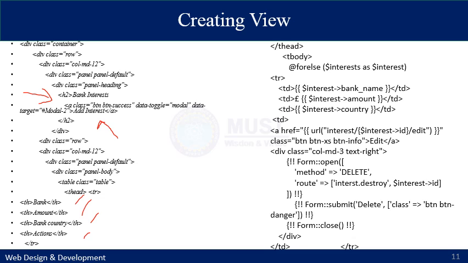When you send a number of variables from the controller to the view, you can access them using the for else.